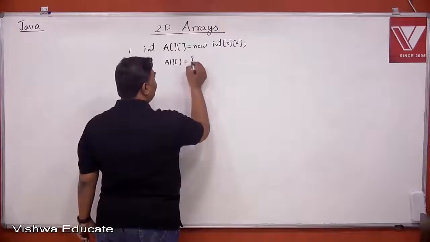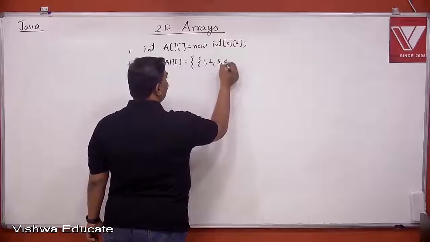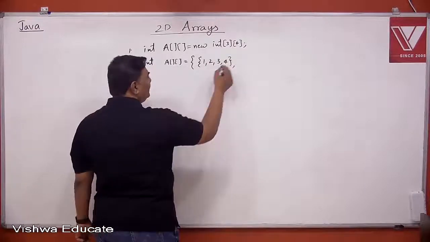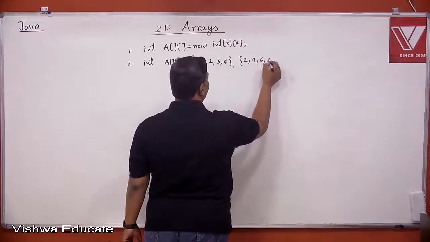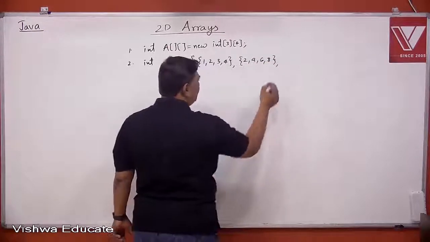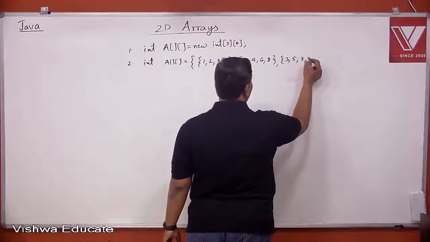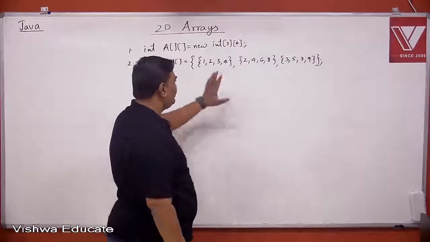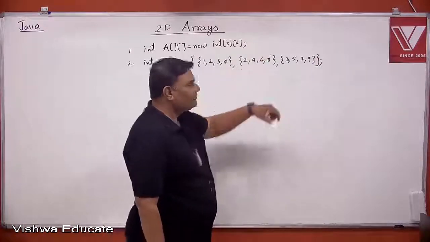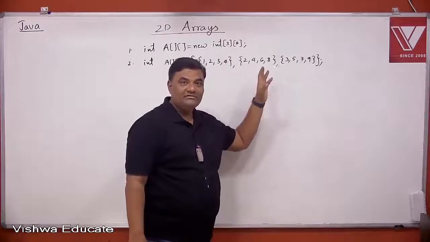So for initialization: 1, 2, 3, 4 first row, then 2, 4, 6, 8 second row, and 3, 5, 7, 9 third row. So I have 3 rows and 4 elements in each row, so 3 rows and 4 columns.